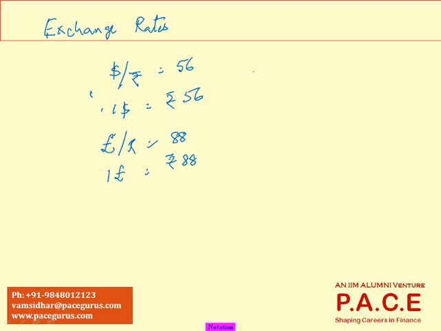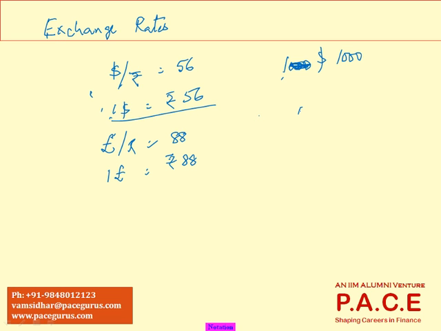And the typical question could be, let's say if I am putting up 1000 rupees, or if I am putting up $1,000, how many pounds would it be worth? So now I know $1 equal to 56 rupees.